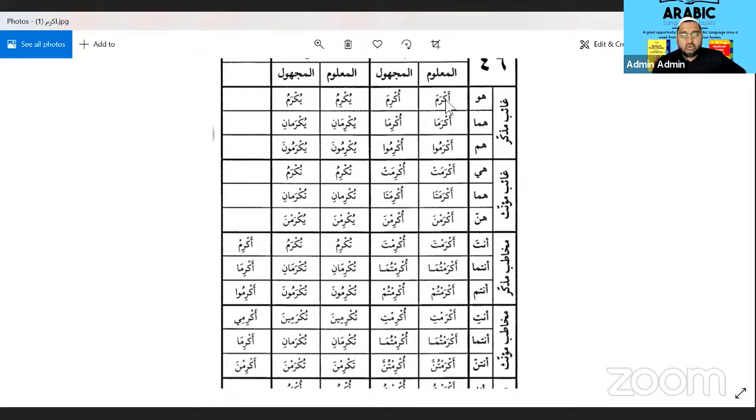That's the only difference. So you've got an additional hamza, and also the kaf now comes with a sukoon.